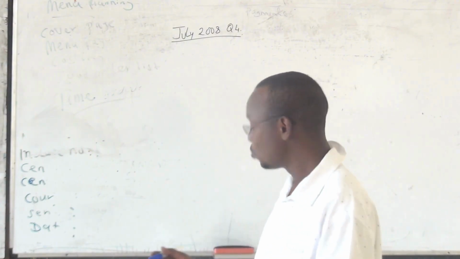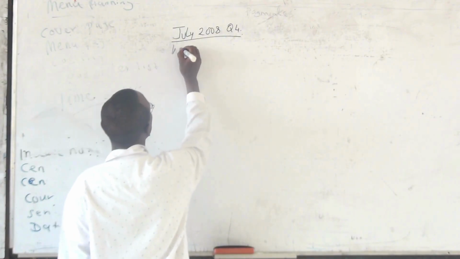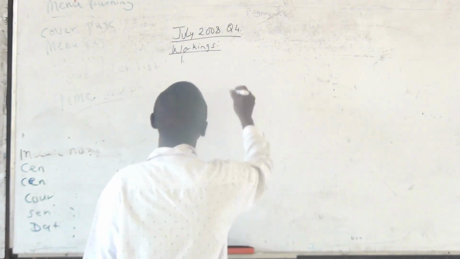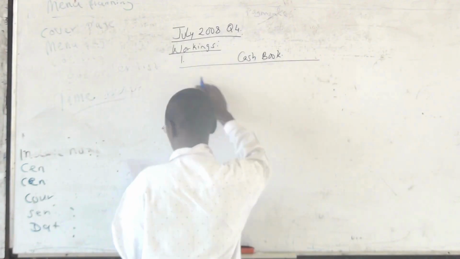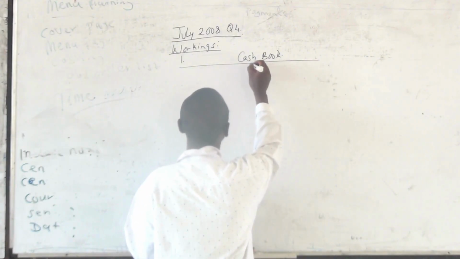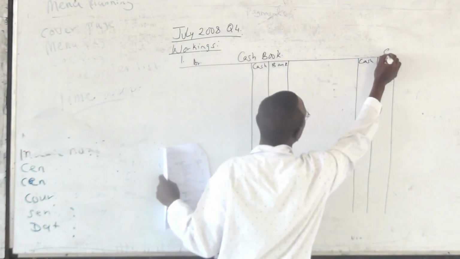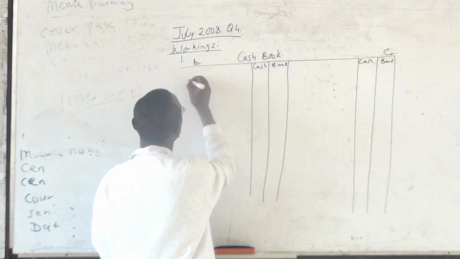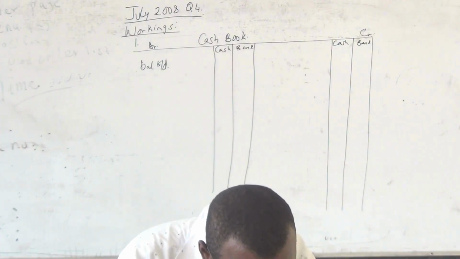So what you're going to do, you start with workings. Working number 1, we're going to start with a cash book. Our cash book will be a 2-column cash book. This is the debit side, this is the credit side. Where do you get the balance brought down?